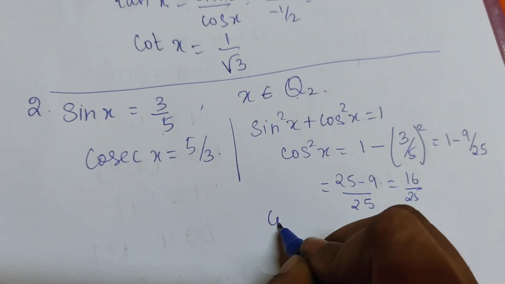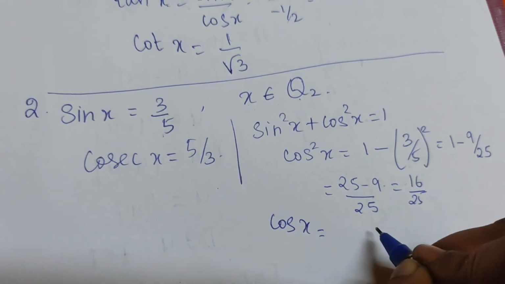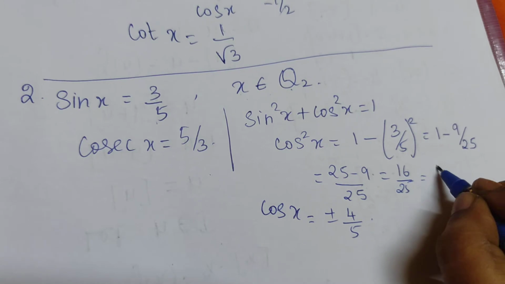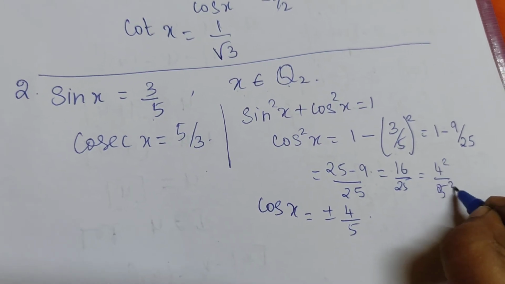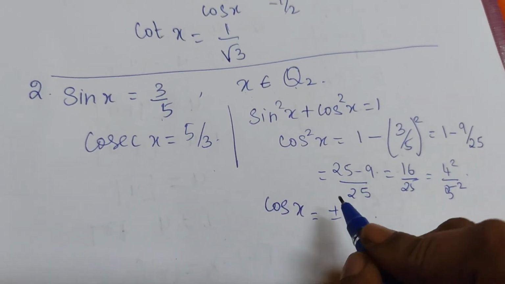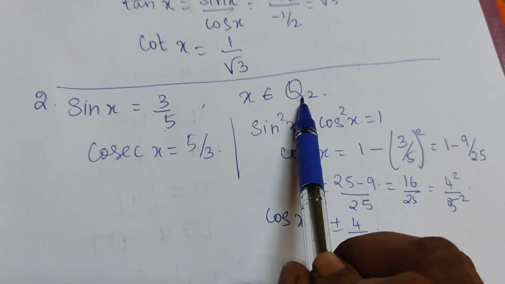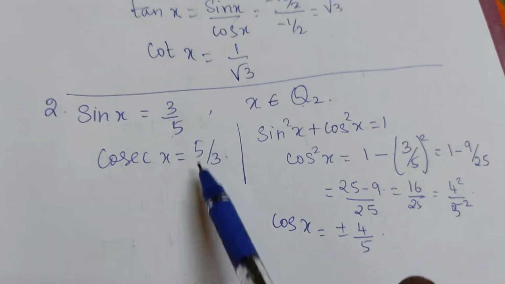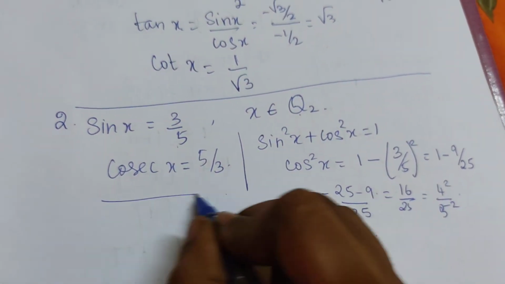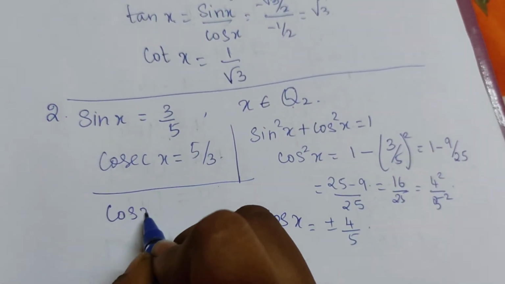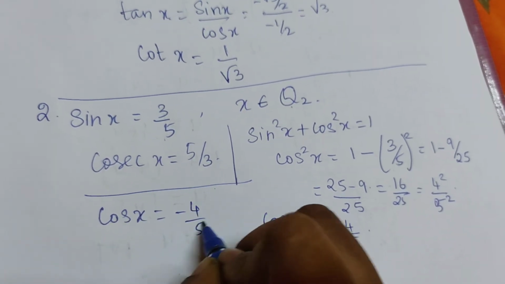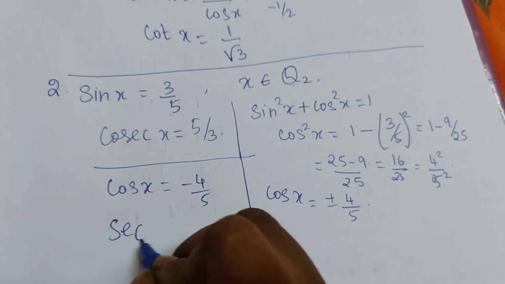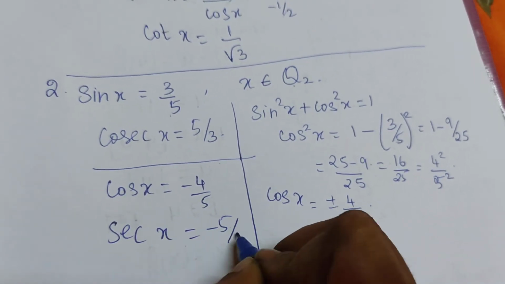After taking the square root, we get cos x as plus or minus 4 by 5. Now this x is from the second quadrant, where sine and its inverse alone are positive and the rest are negative. So we get cos x as minus 4 by 5, and its inverse, secant x, is minus 5 by 4.